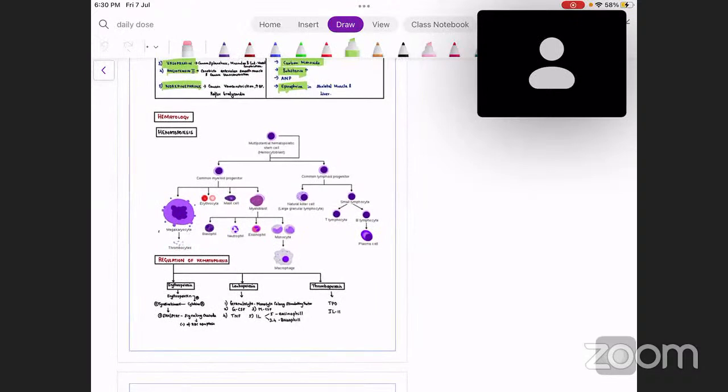The term homeostasis was coined by Walter D. Cannon.